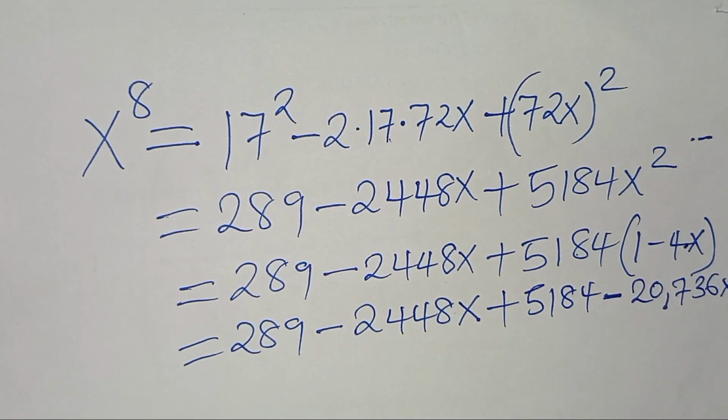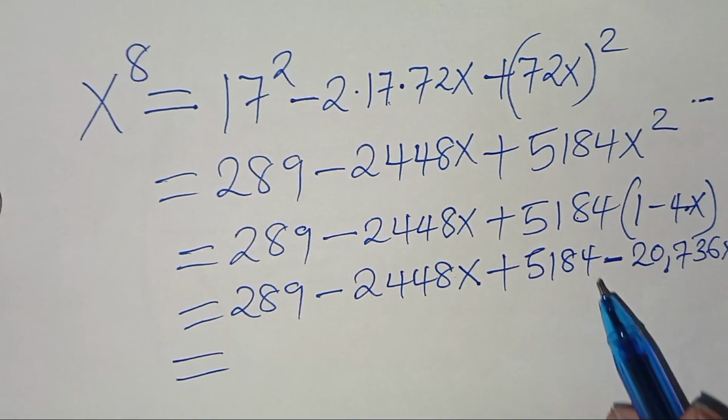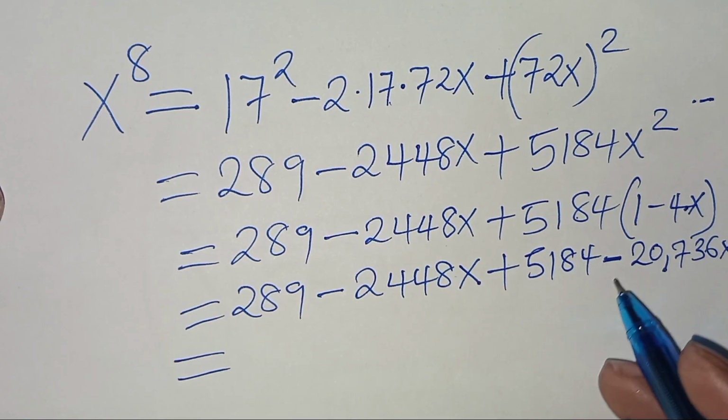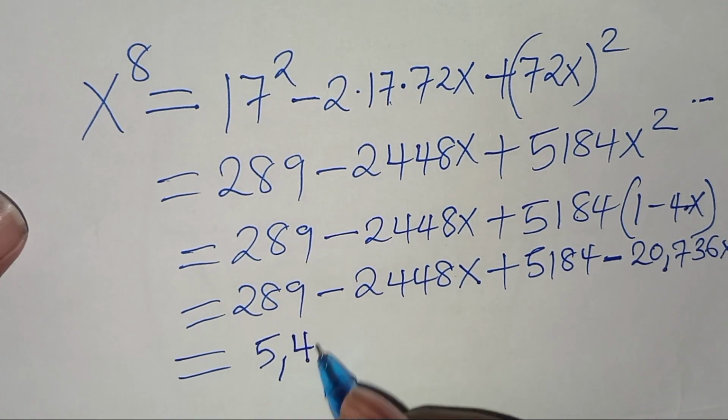Okay, so let's put the like terms together so that now we'll have 289 plus 5184, and this is basically equal to 5,473.